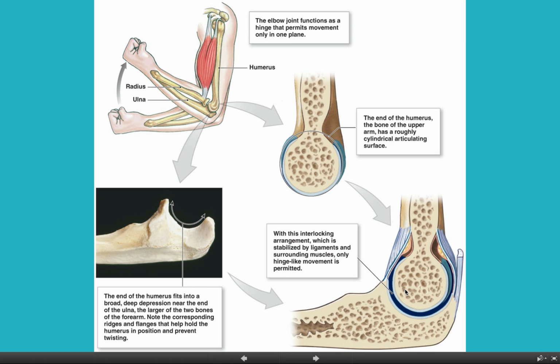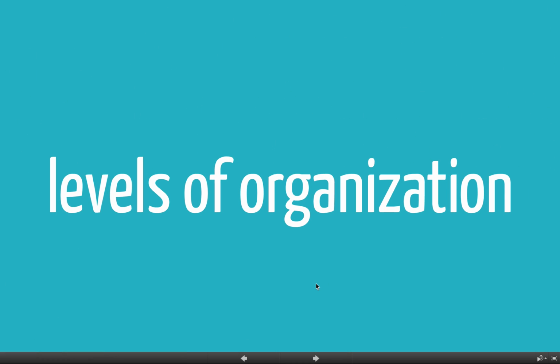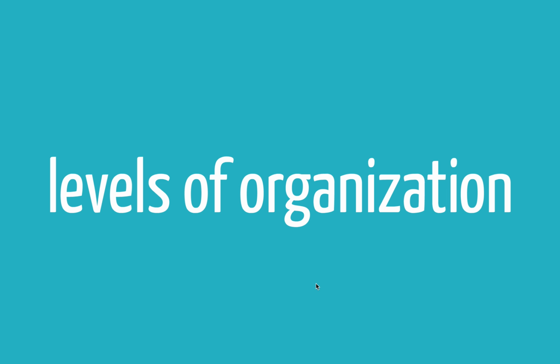And it forms your elbow joint, which is called a hinge joint. So it looks like a hinge, and it is a hinge. That is its function as well. So we'll see over and over throughout the semester that form dictates function, and that's called the principle of complementarity.